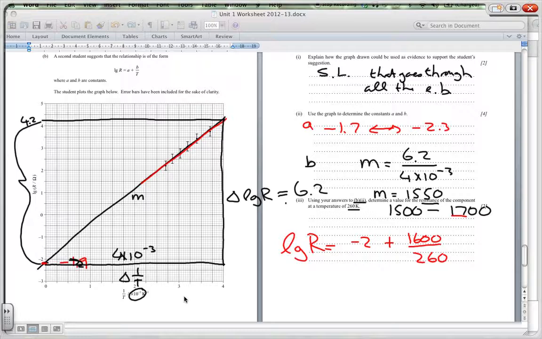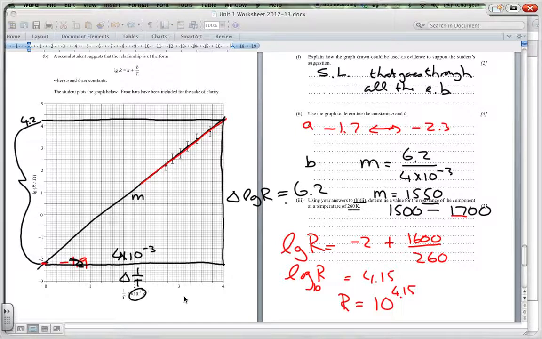I get minus 2 plus 1600 divided by 260, and I get a value of 4.15. Now that's equal to the log of R. Now this log of R is to the base 10, so R is going to be 10 to the 4.15.